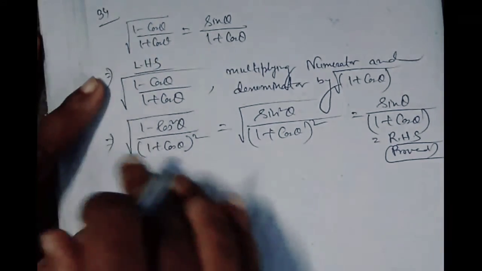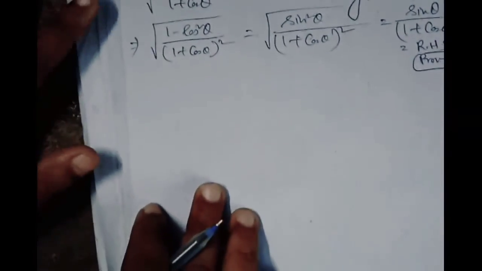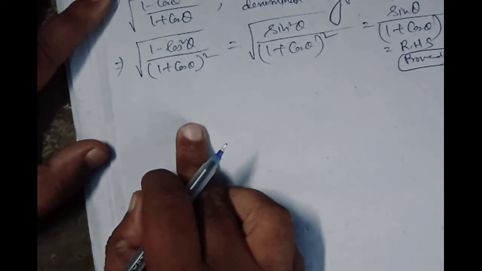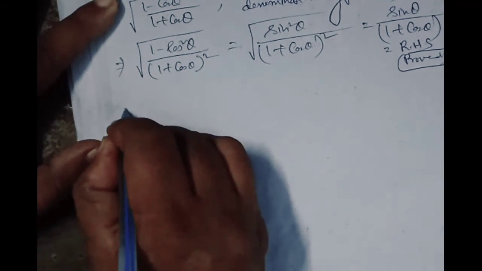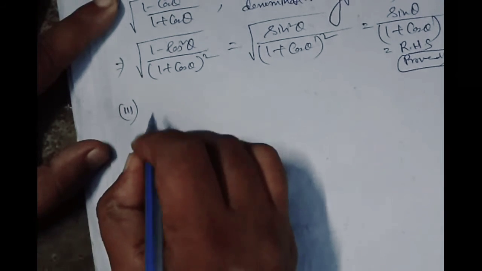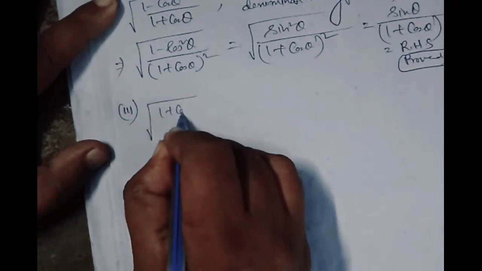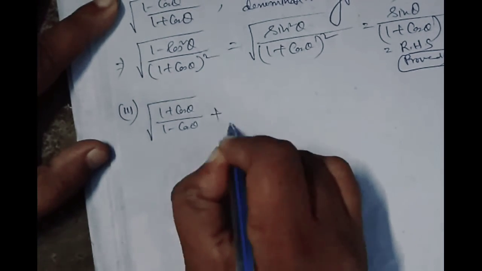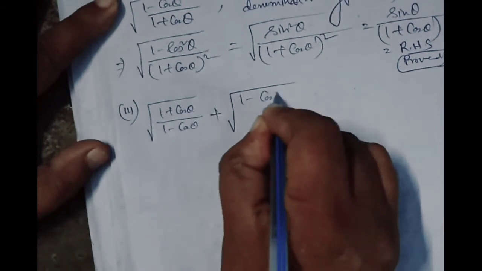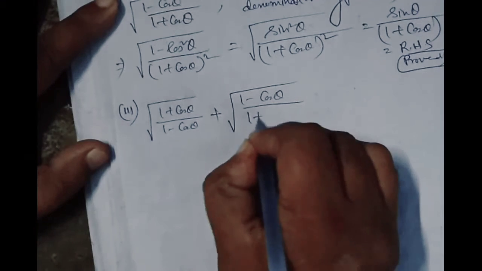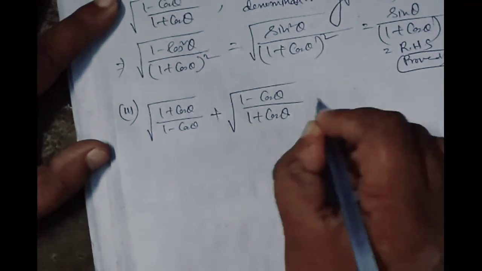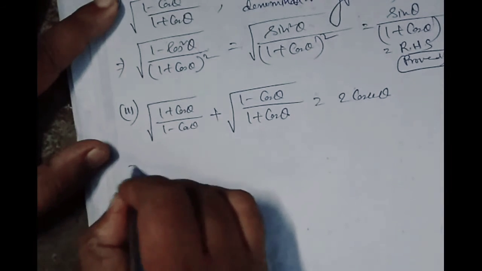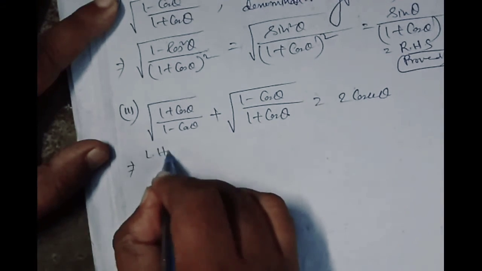Next, move to another question, question number 3. Question number 3 is similar. What is given: root over of 1 plus cos theta by 1 minus cos theta plus root over of 1 minus cos theta by 1 plus cos theta equals 2 cosec theta, we have to prove. First we take the LHS.